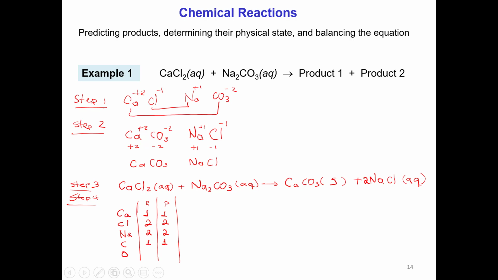Oxygen, we have 3 here and 3 here. Then it's balanced. And this is the complete chemical equation for this reaction. If these two compounds react, we expect to get calcium carbonate and sodium chloride.